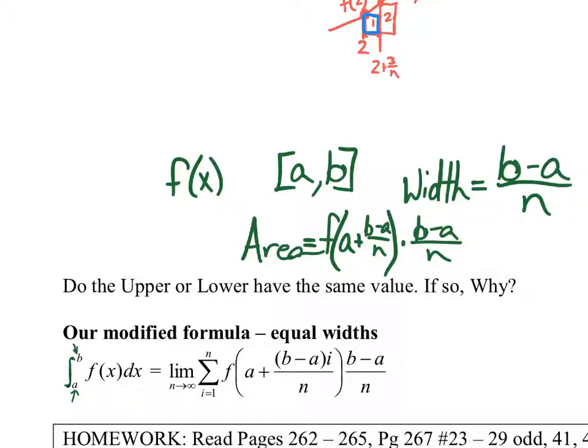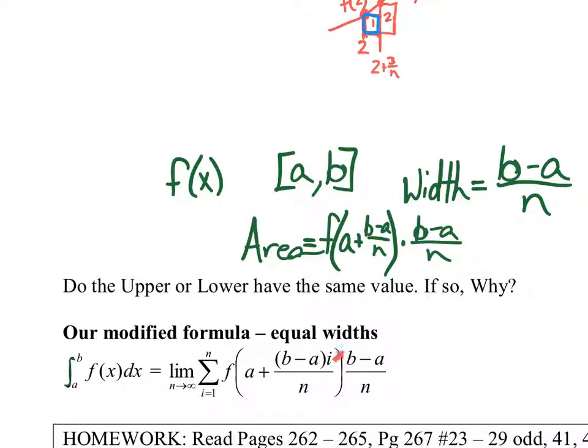In other words, we have that interval from a to b. So what we're doing here is taking the limit as the number of rectangles approaches infinity. So the width of the rectangle is going to get smaller and smaller as we get more and more rectangles, of the sum of the areas of the rectangles.